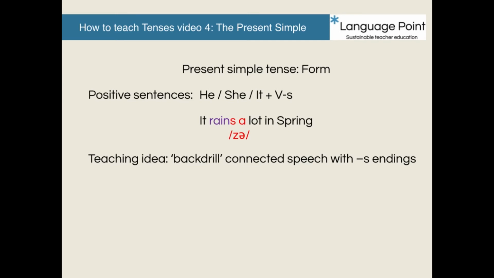If the next sound is a vowel, for example, the S sound joins onto the following vowel, and it becomes like a connected Z. So if we start by drilling Z, we can build back from Z into rains. It rains a lot. Same with the example, eats eggs, eats eggs.